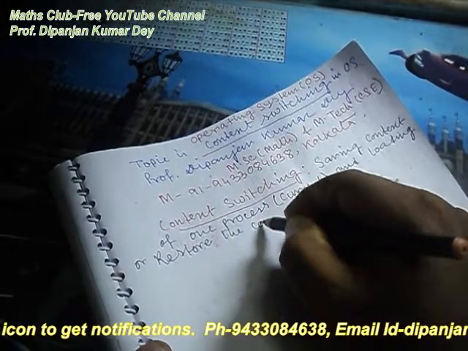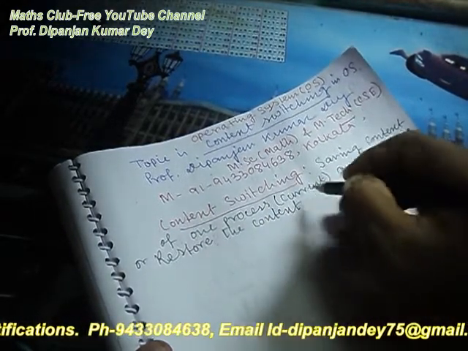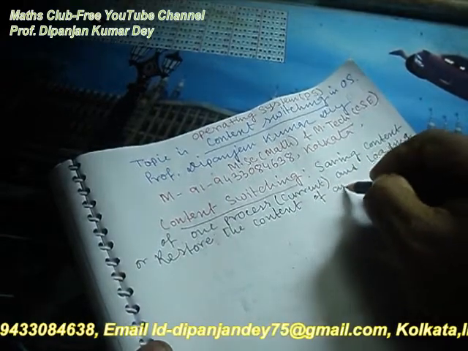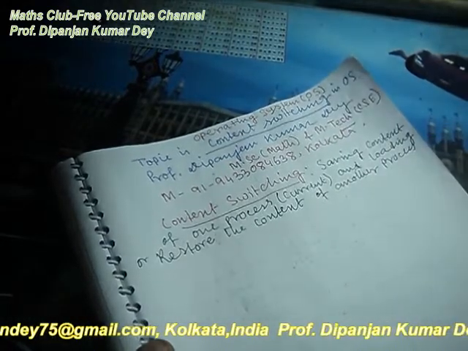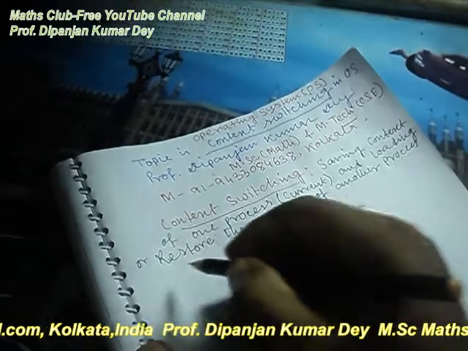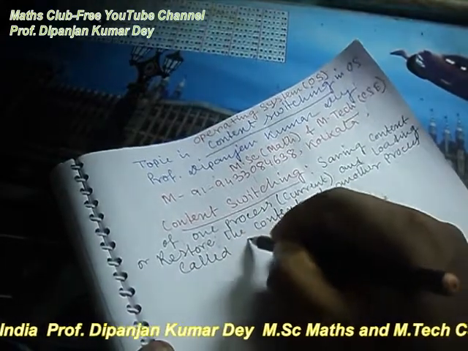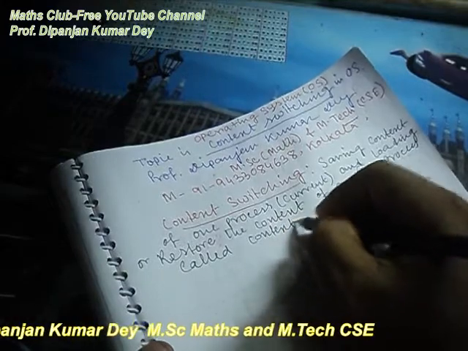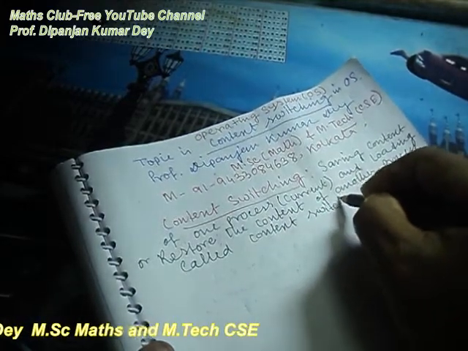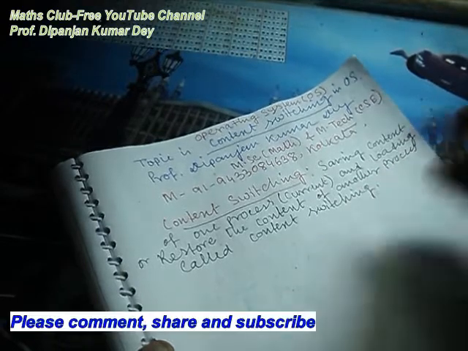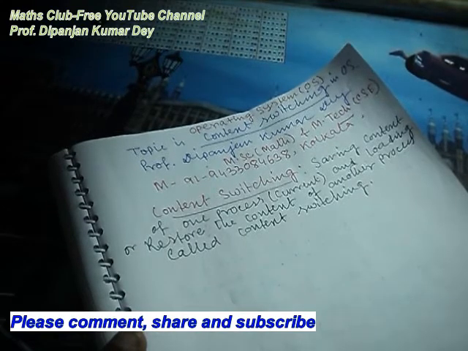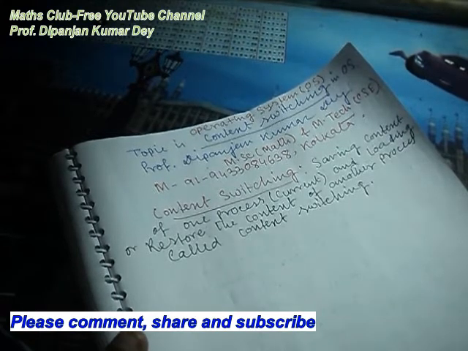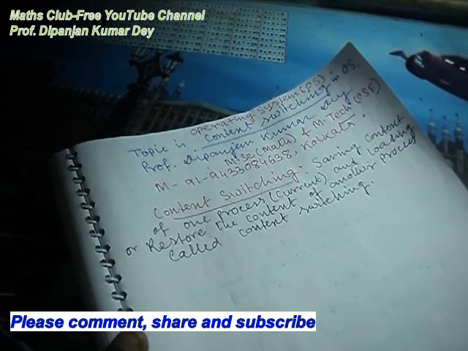The context of another process is called context switching. That means the current process we have to save, and restore or load the context of another process.